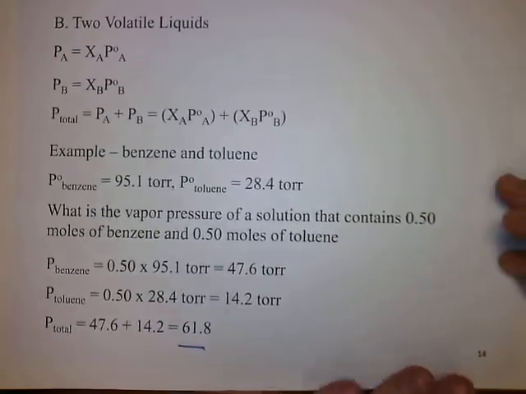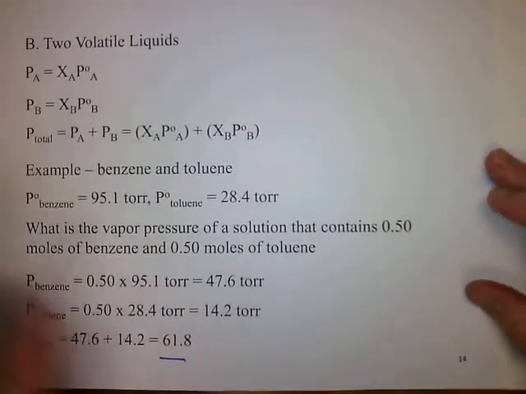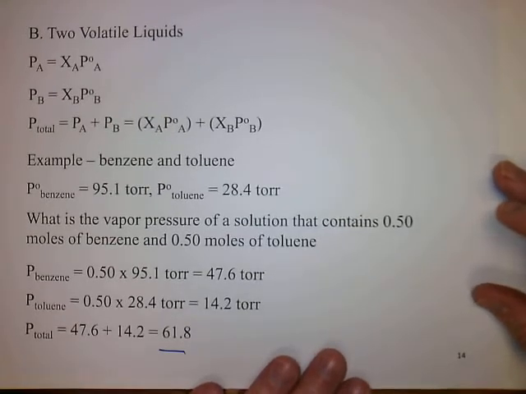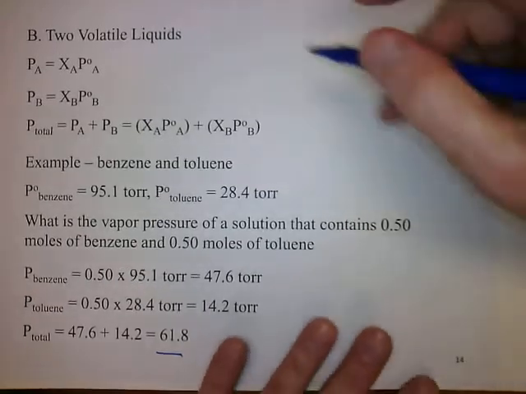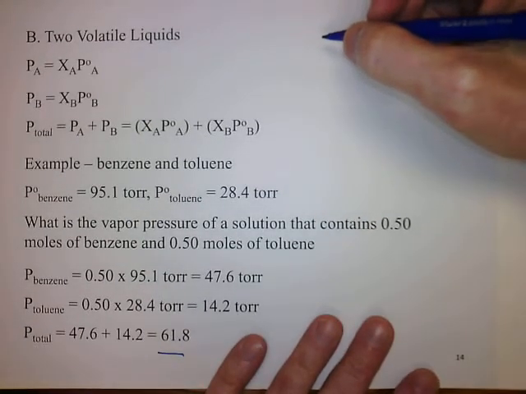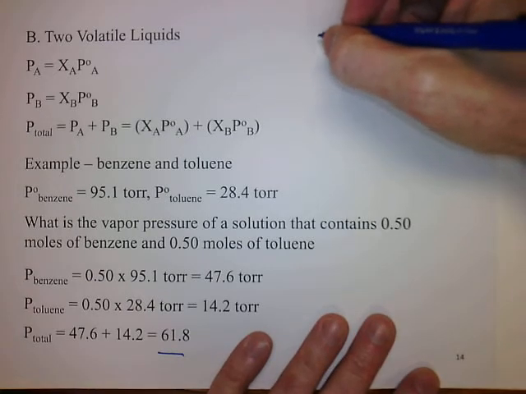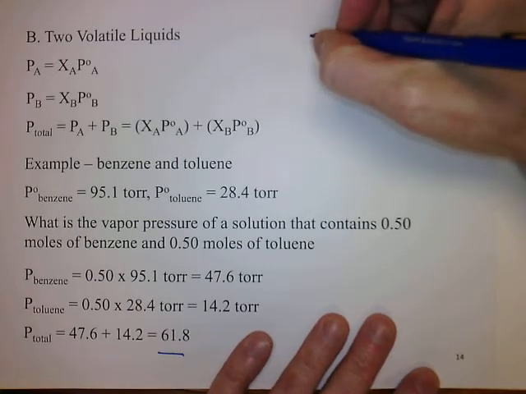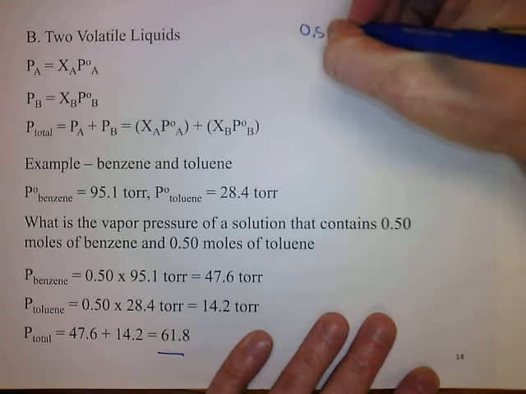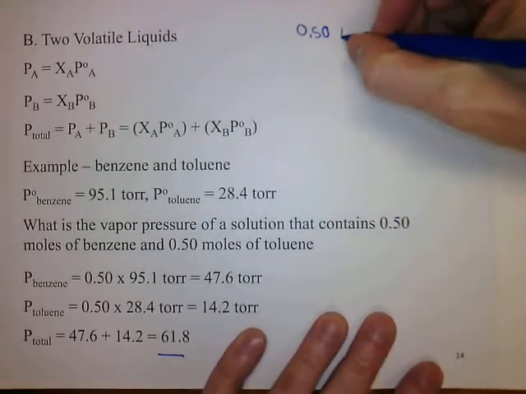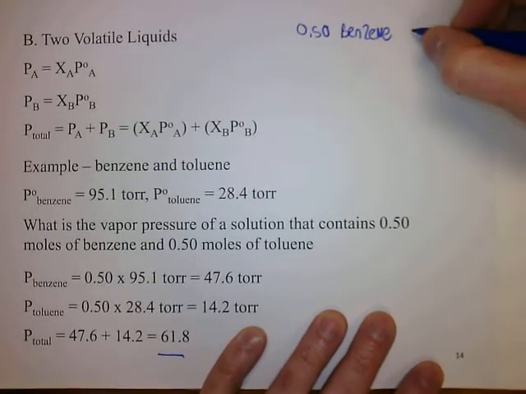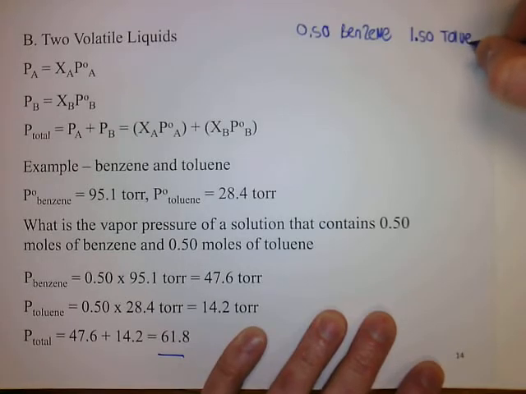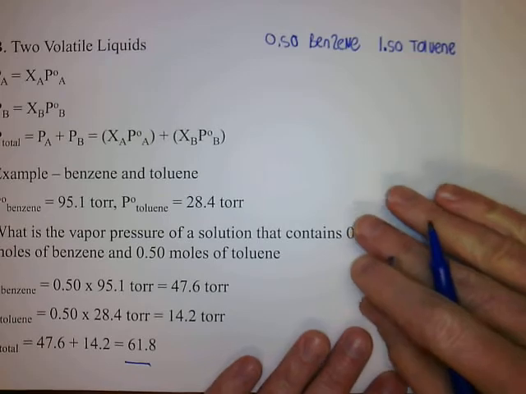Let's say we had 0.50 moles of benzene and 1.50 moles of toluene.